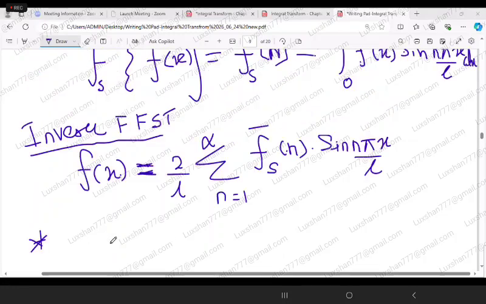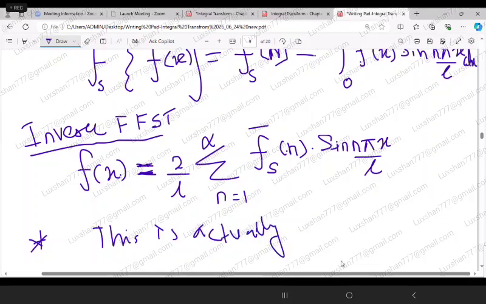This is nothing. This is actually the Fourier sine series.